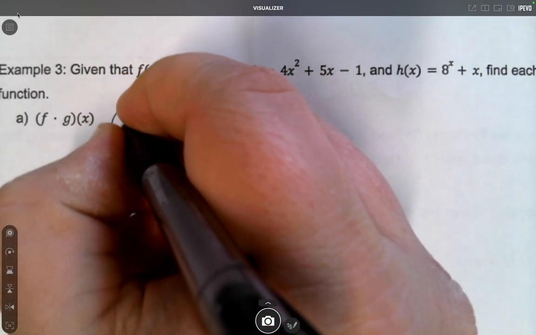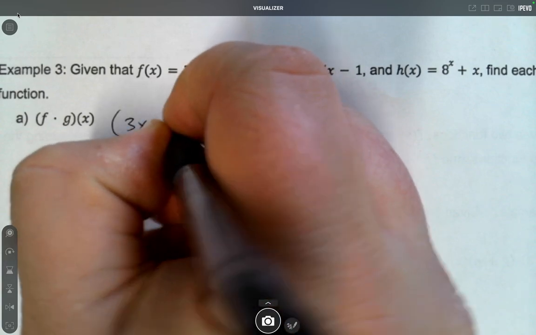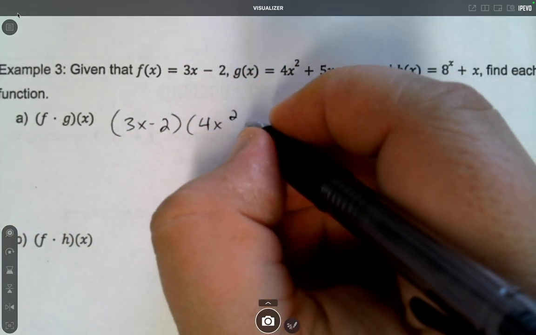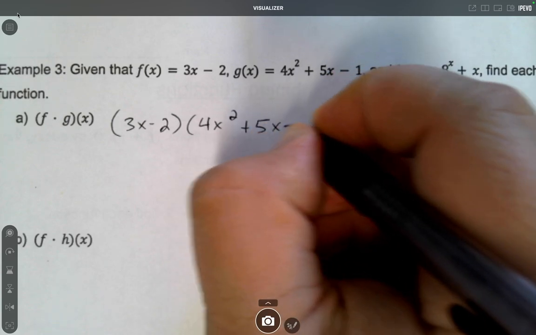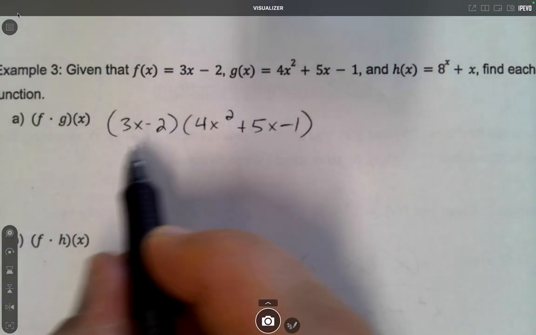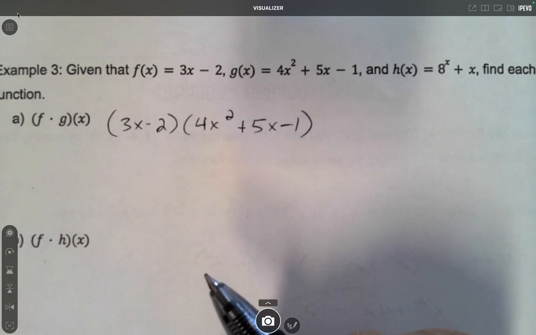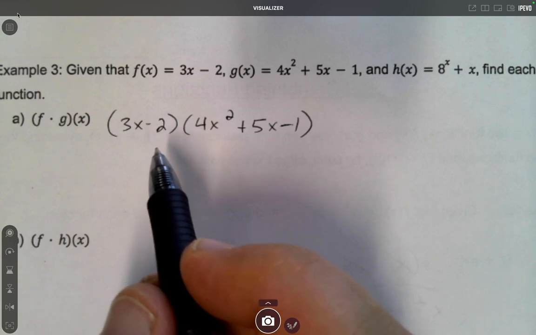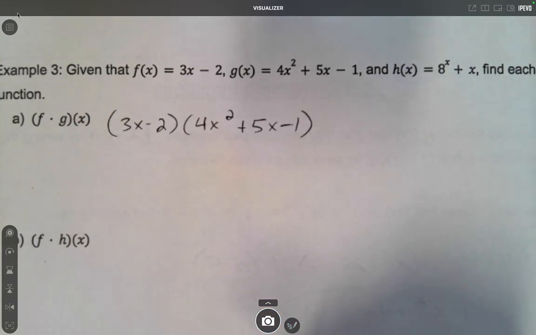And again, you want to use parentheses because you're going to have to do some distributing and or some foiling and things like that to be able to multiply these. So remember, when we have a 2 by a 3, we've got to recall that everything in the first set of parentheses has to be multiplied by everything in the second set of parentheses.